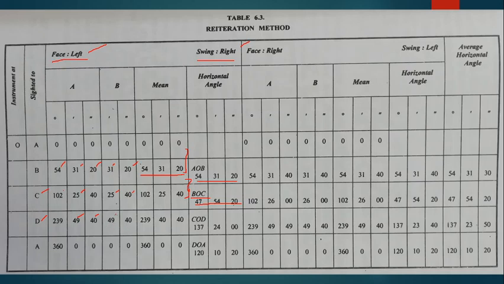Therefore, 40 plus 9, again 49 minutes and 40 seconds. Then the mean angle is simply the average of these two, that is 239 degrees 49 minutes and 40 seconds. Now the difference of these two, that is 239 degrees 49 minutes and 40 seconds and 102 degrees 25 minutes and 40 seconds, is equal to 137 degrees 24 minutes and 0 seconds, which is angle COD.